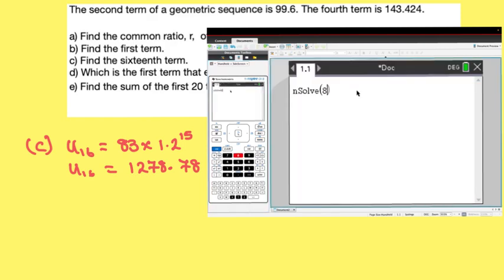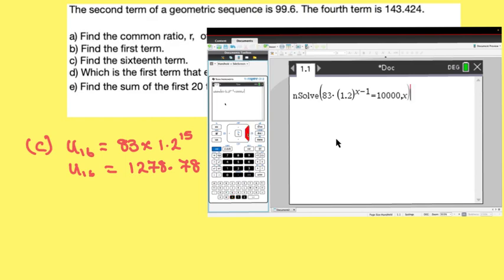In the brackets, I'm going to type 83 times, in brackets, 1.2. Come outside the bracket, raised to the power of x minus 1. And that has got to equal 10,000. Now I want to solve for x, so comma, x.